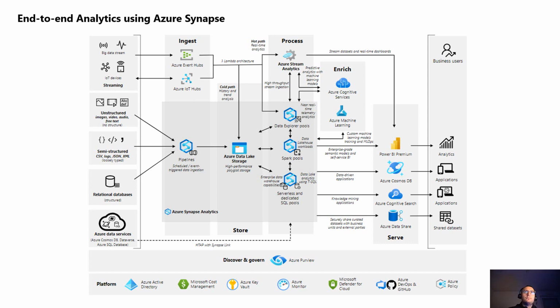So how about the processing? For the real time, we can use a Stream Analytics job to implement the hot path of the Lambda architecture pattern and derive insight from the stream data in transit.